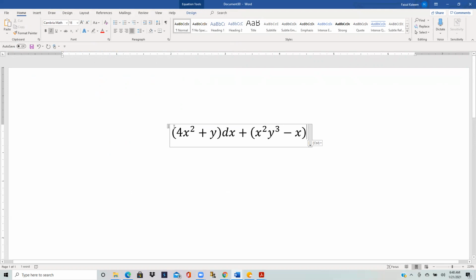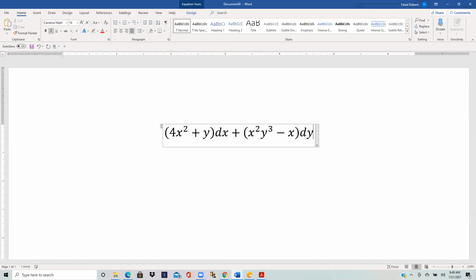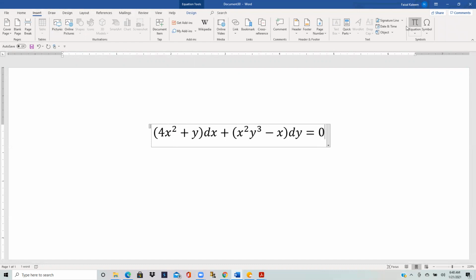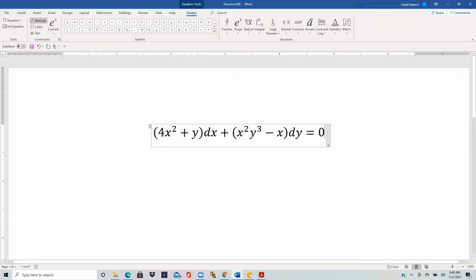So we also had equal to 0, and there was a dy here, is equal to 0. So x to the -2 was our integrating factor. Multiplying by x to the -2 is the same as dividing by x squared. So we divide the whole equation by x squared.